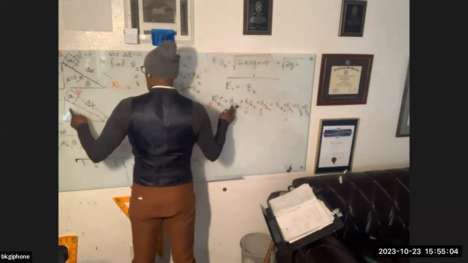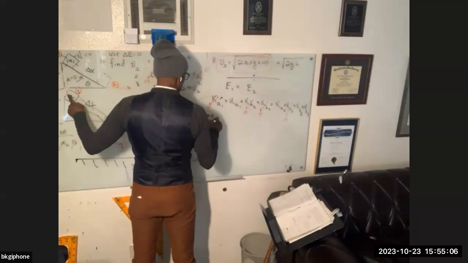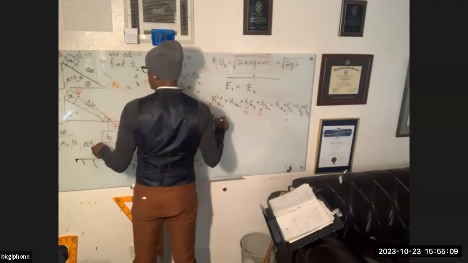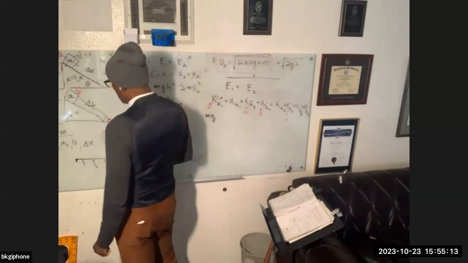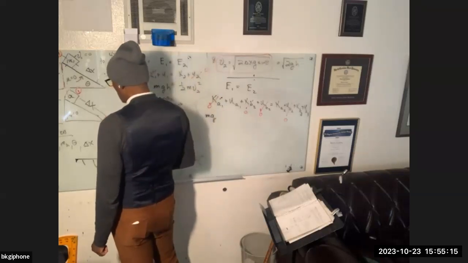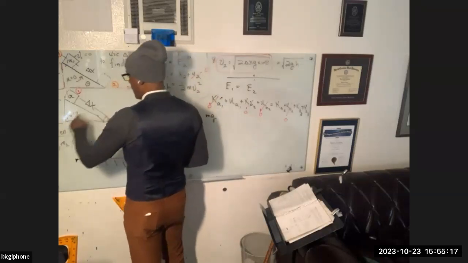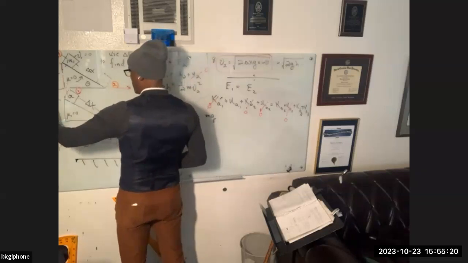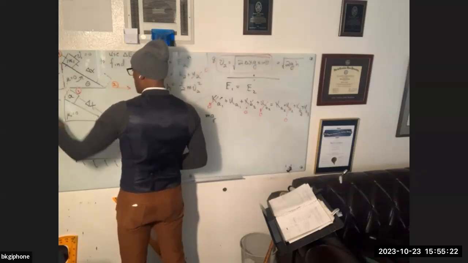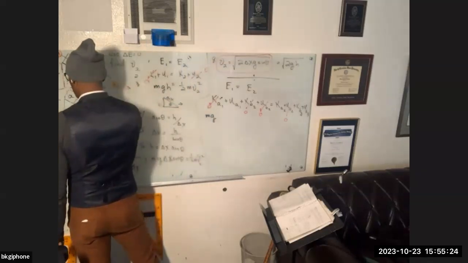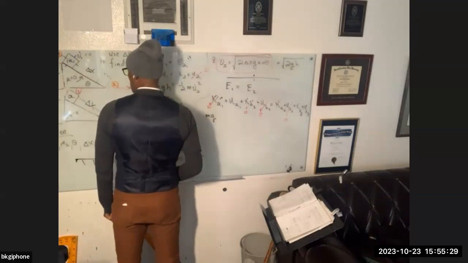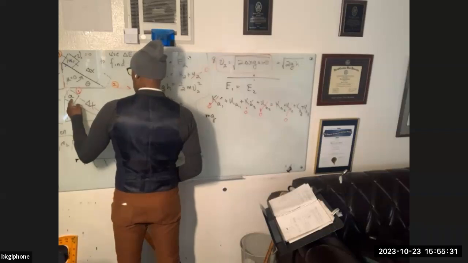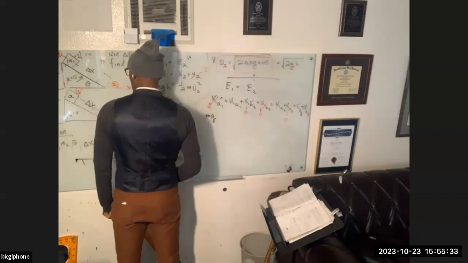Anyway, so this is going to be one mg. Basically, I could say h, and we know that h is going to be delta x sine theta. So I'll go ahead and put h there. And it is decreasing, because final minus initial would be a negative, if I'm thinking of it that way.